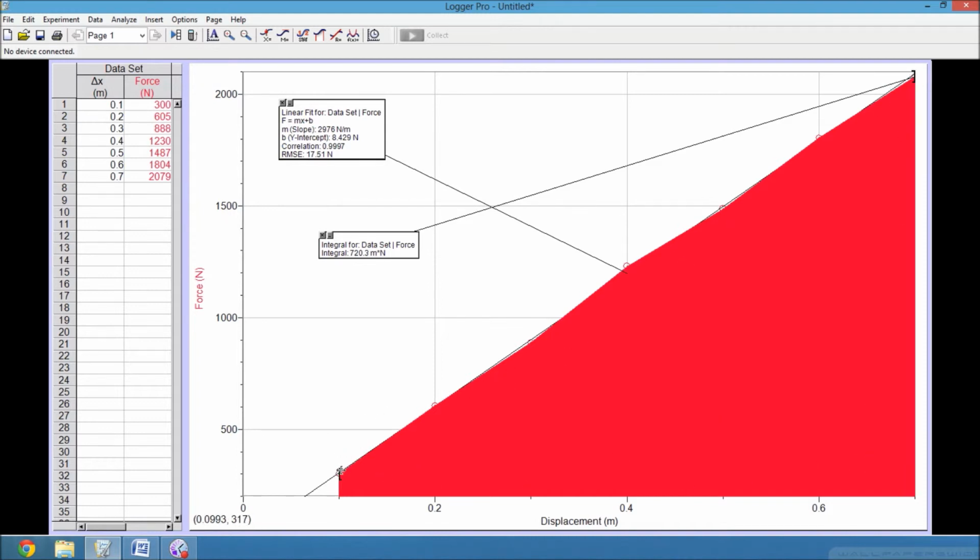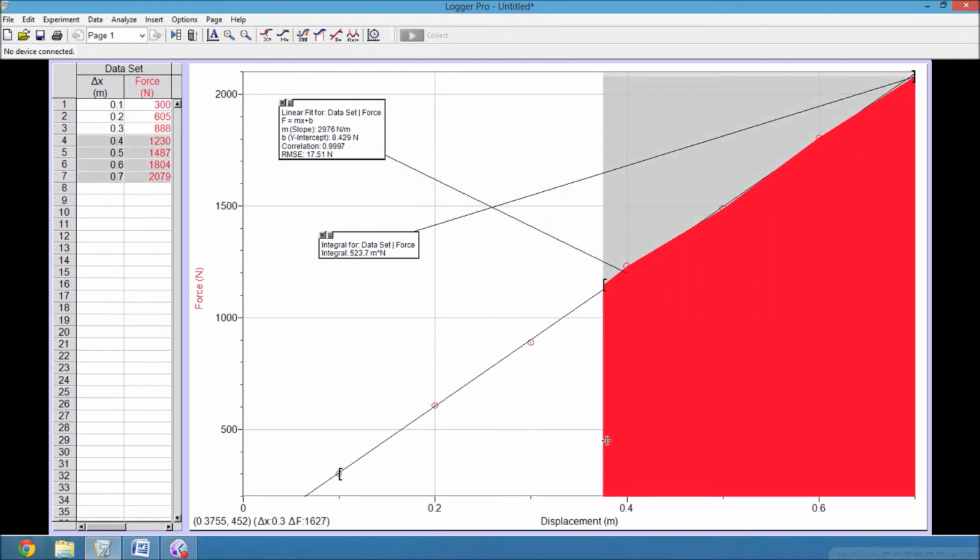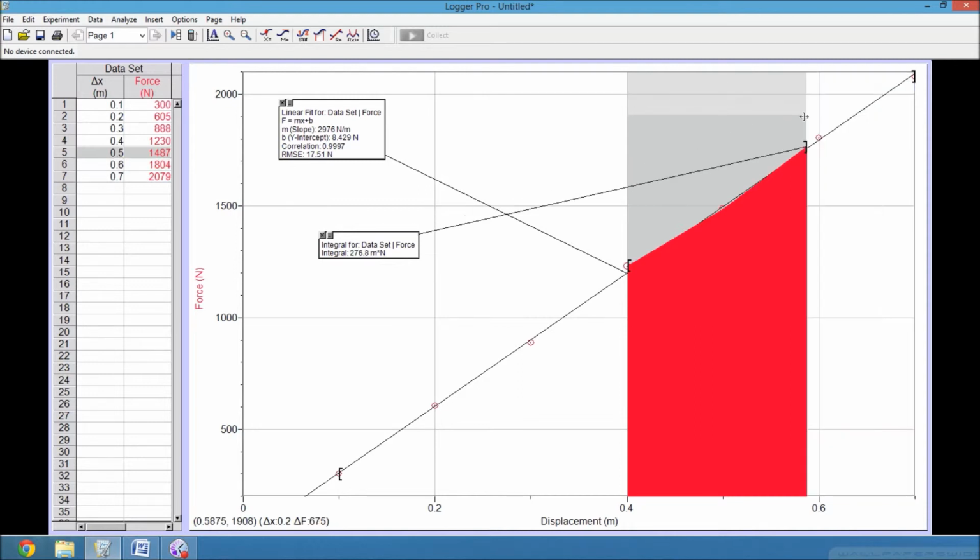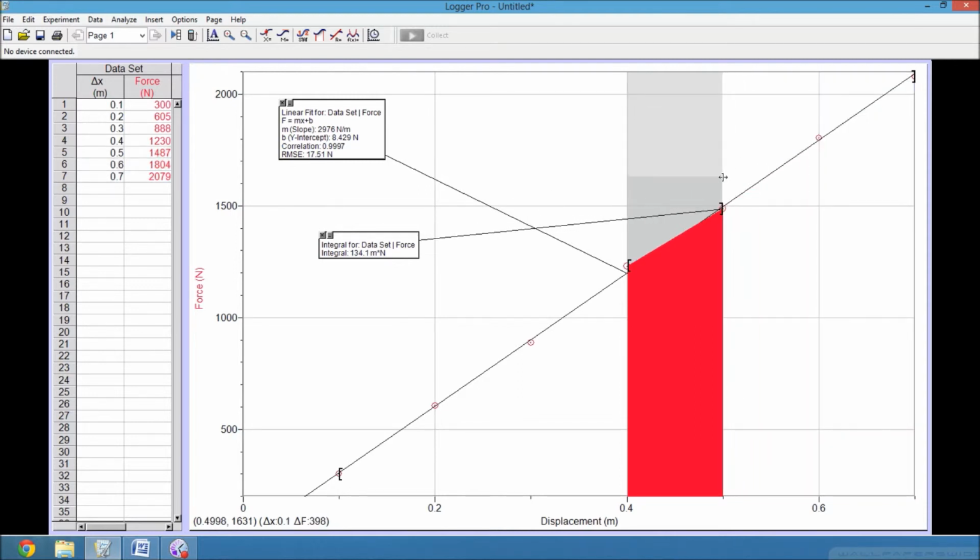So let's change our range from 0.4, and this here should go to 0.5. It's a bit of an estimate, but we get 134.1. Calculated out, we got 133.92, and those are extremely close.